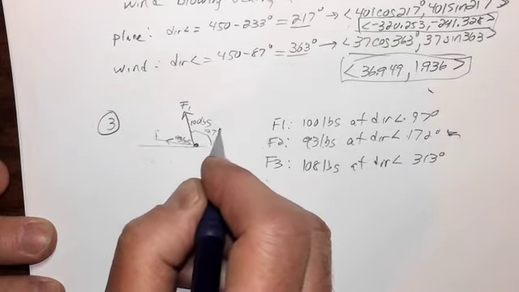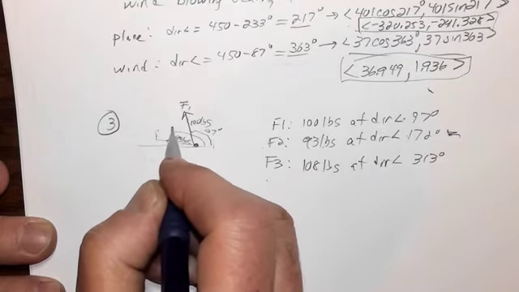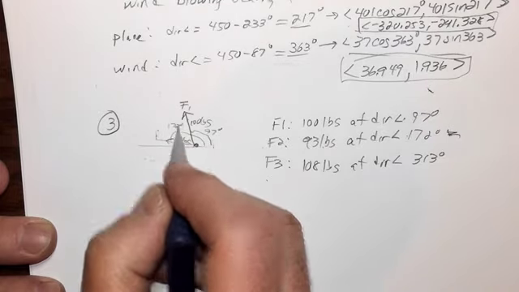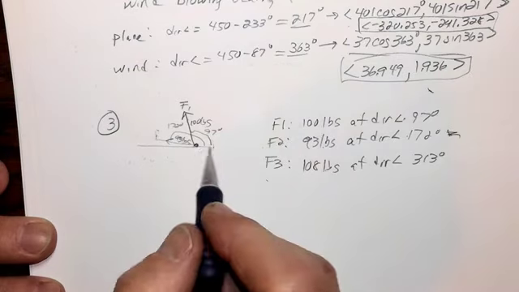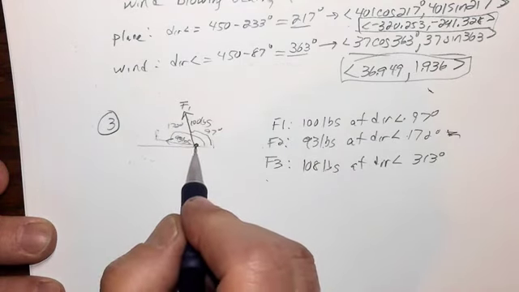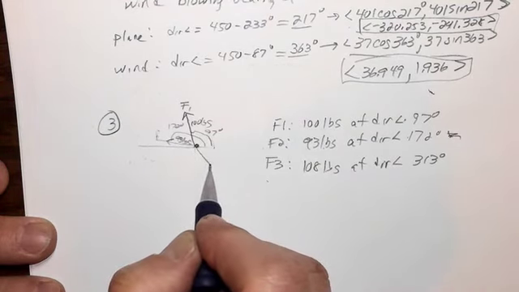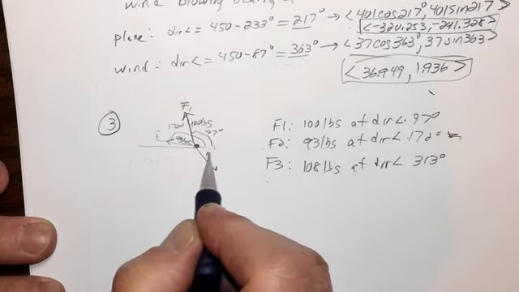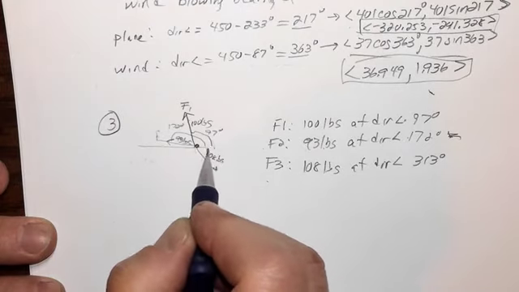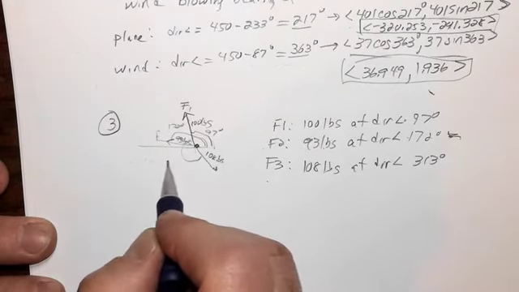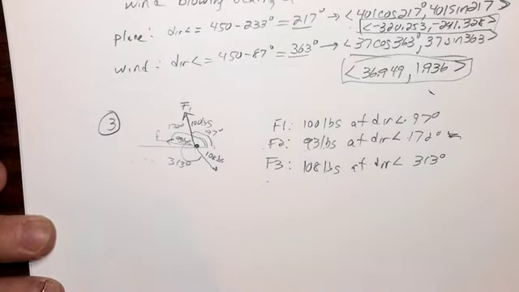And then 108 pounds at 313 degrees. Well, 313 degrees is this way, so there's 108 pounds at 313 degrees.